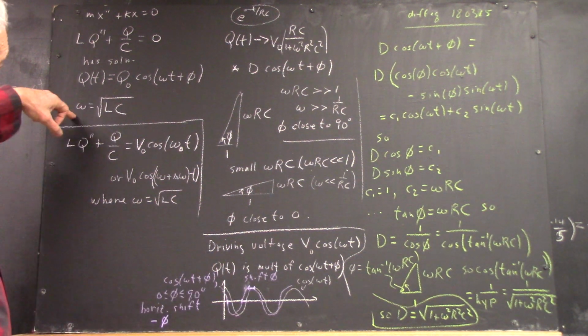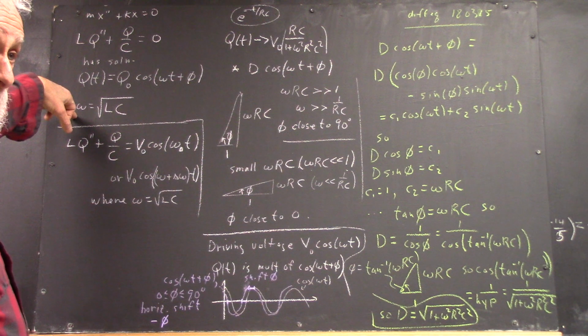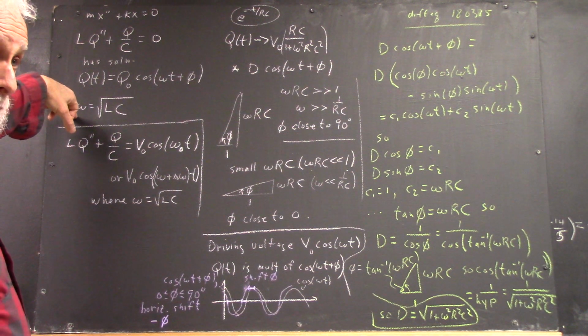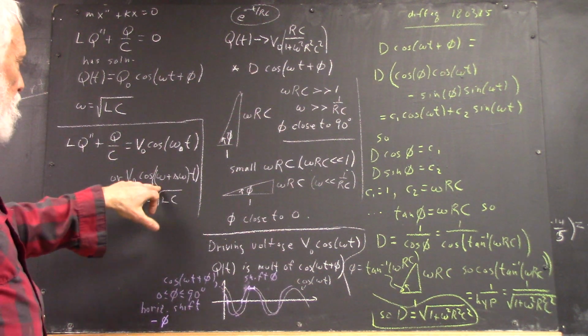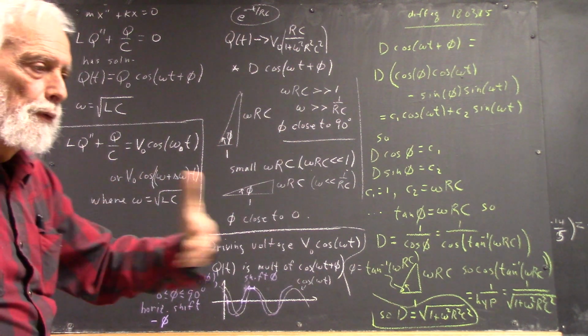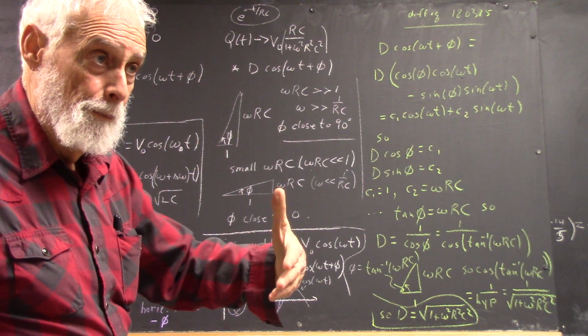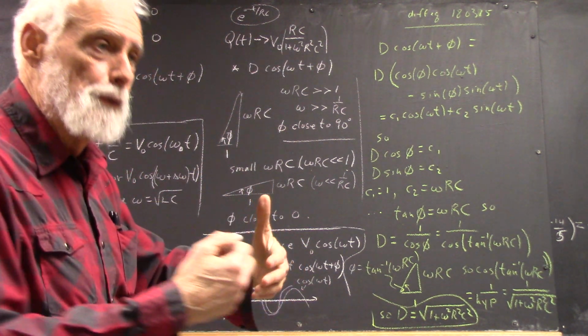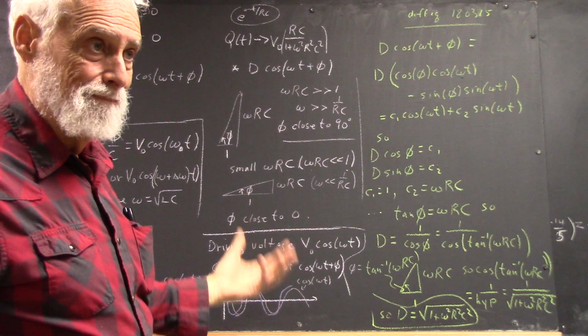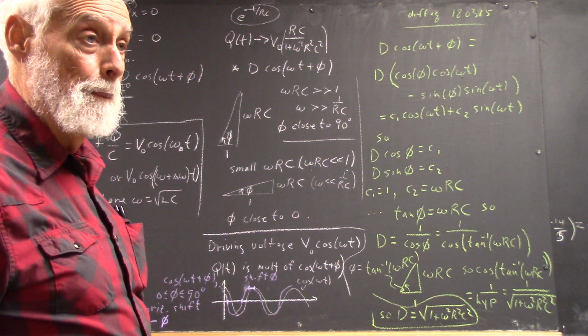Where omega is your natural frequency, square root of LC, the actual angular frequency. So you have some difference between the frequency with which you're trying to drive this thing and the natural frequency that it wants to oscillate at.